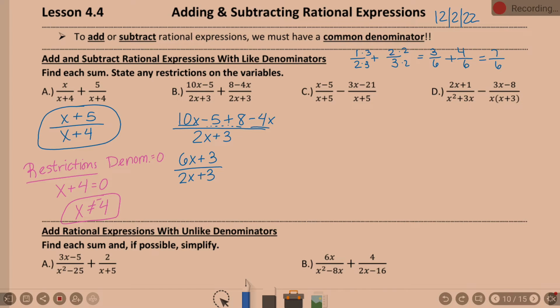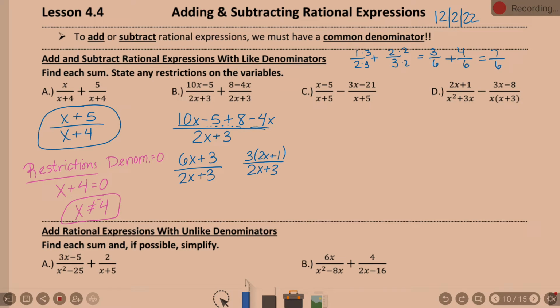There's a GCF of 3. So if I factor a GCF of 3 out, what remains in my parentheses? 2x plus 1, all over 2x plus 3.